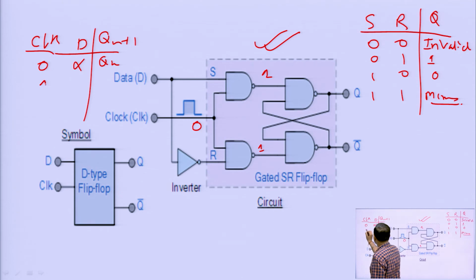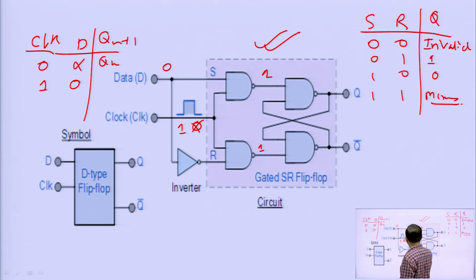Now, when the clock is 1 and D is 0, the first NAND gate has input 0 and the second NAND gate has input 1. So, here, if this is 0 the output is 1 and this will be 0.